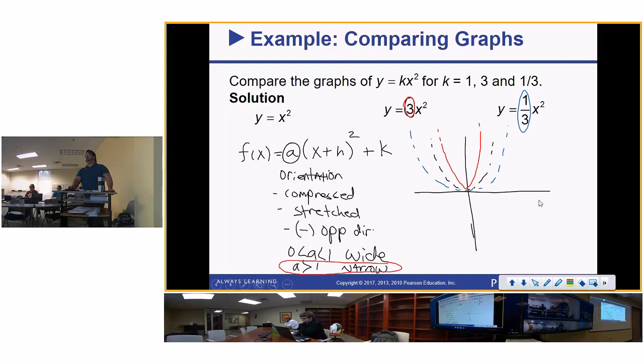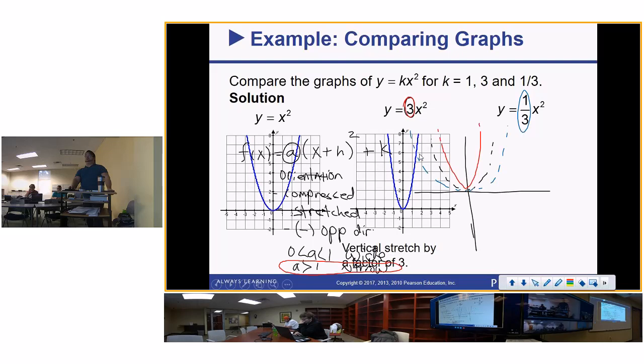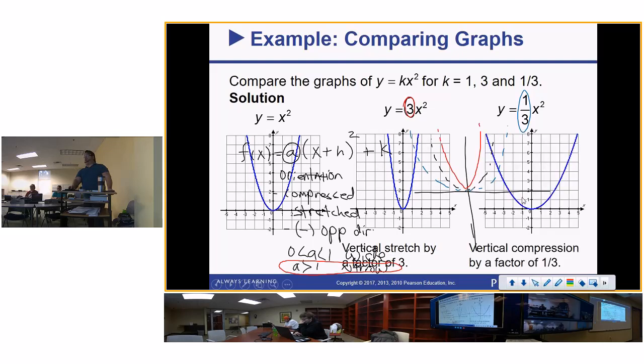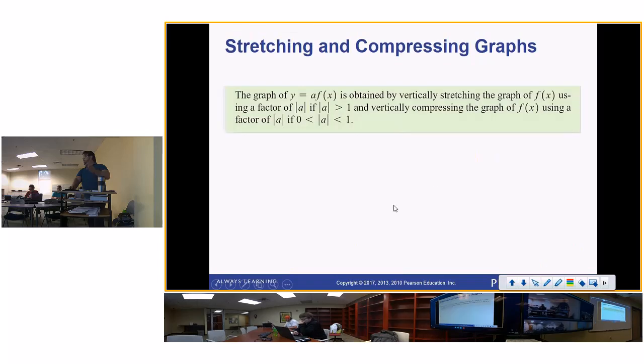I don't use it as a test question because I just like to give A, B, C, and D for test questions. So that one's narrower, and this one is wider. Everything is compared to your parent graphs that I gave you, those 8 or 9 graphs. Everything goes there. And that's what I'm telling you right there, wider and narrower.